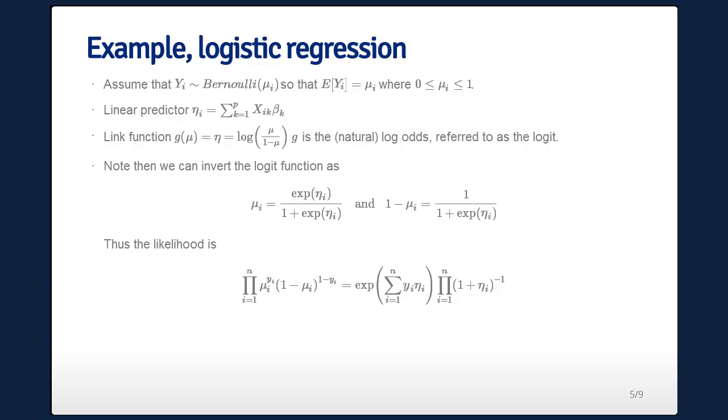Okay, let's do so-called logistic regression. Assume that our outcome is Bernoulli with success probability mu i, so that in this case expected value of yi equals mu i, and 0 has to be less than or equal to our mu values, which have to be less than or equal to 1.